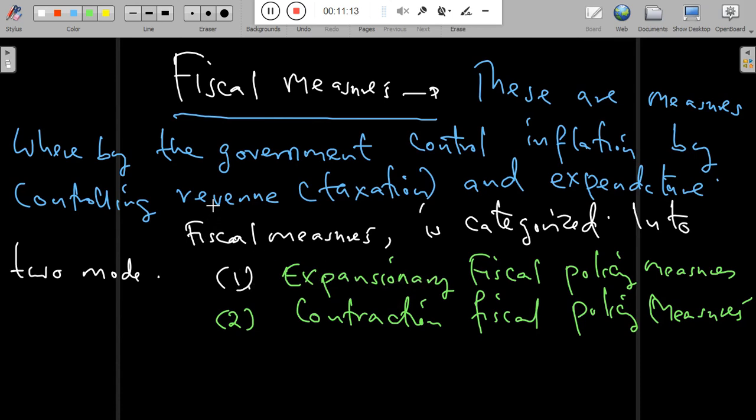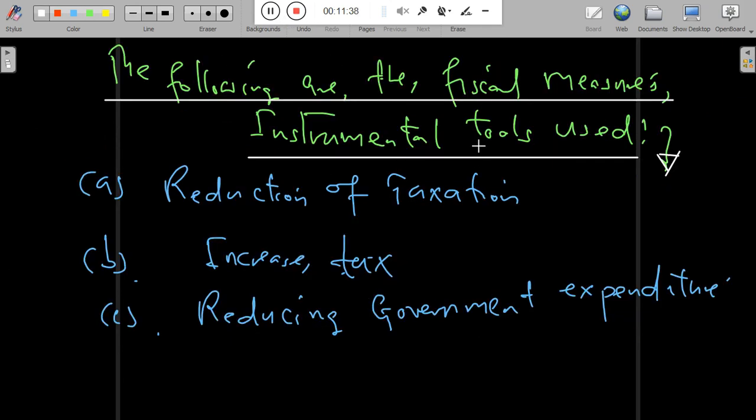We have also fiscal measures. These are measures whereby the government controls inflation by controlling revenue, taxation, and expenditure. Under fiscal measures, an expansionary or contractionary fiscal policy may be applied. The major tools used under fiscal policy include taxation and government spending.